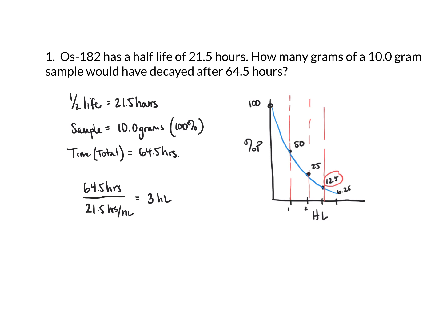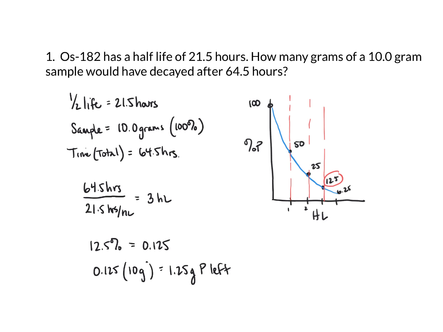Okay, so it says how many grams of a 10-gram sample would have decayed after 64.5 hours. So if 12.5 remains, we can look at this and go 12.5% equals 0.125 in a decimal. And then we can take that 0.125 and times it by 10 grams, because that's my sample, and that will equal 1.25 grams of parent left.